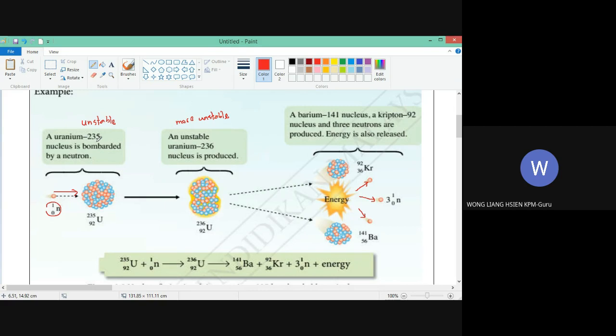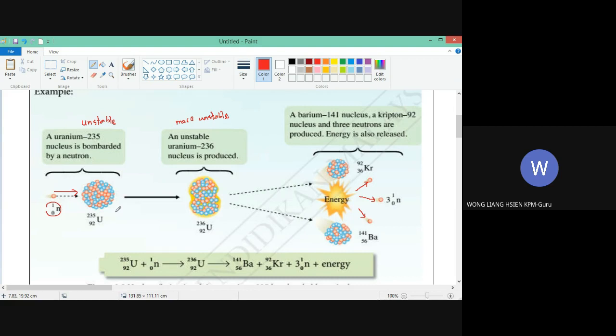But that does not mean it will never split into two. Even naturally, if you don't purposely shoot a neutron into it, the uranium-235 can naturally undergo nuclear fission.